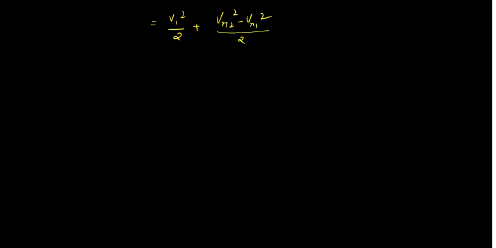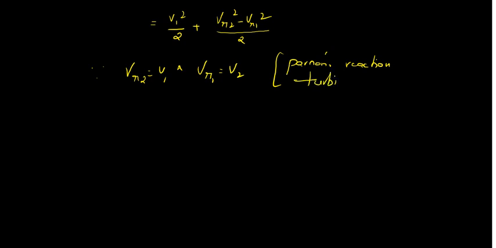But I know that VR2 equals V1 and VR1 equals V2, as we have seen in the Pascal's reaction turbine. When can we say that it is a Pascal's reaction turbine? When both the moving blades and the fixed blades are symmetrical, right? In that reaction turbine we have seen this condition. With this condition only we are going to derive the relations to have the maximum efficiency, right?